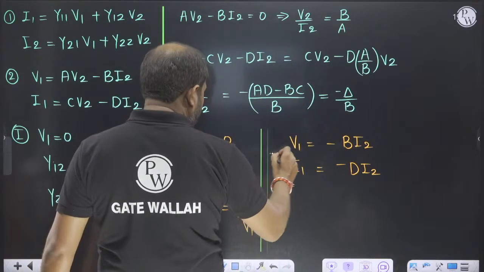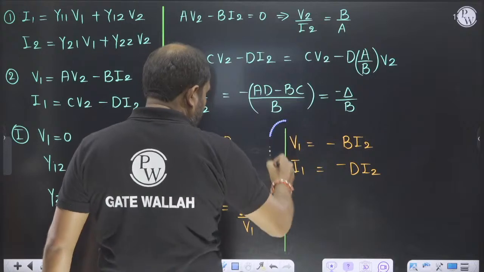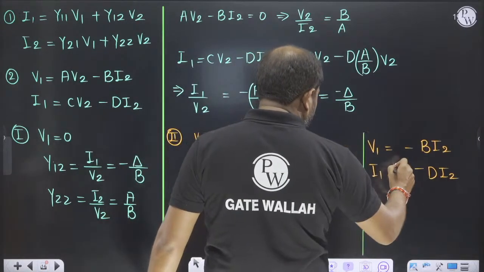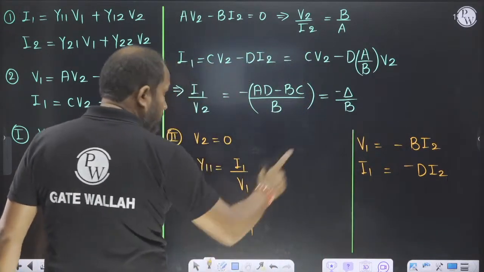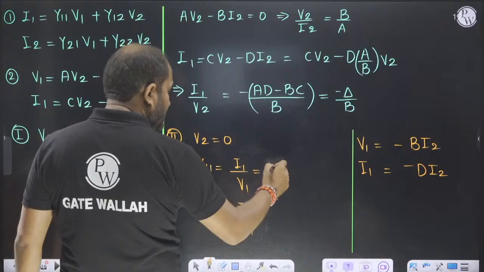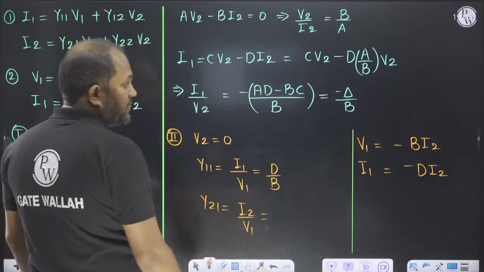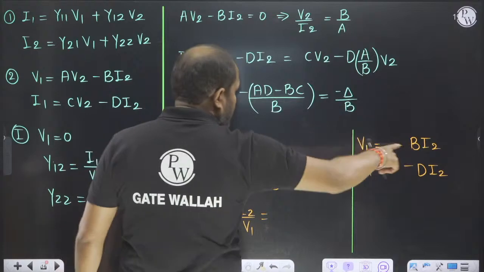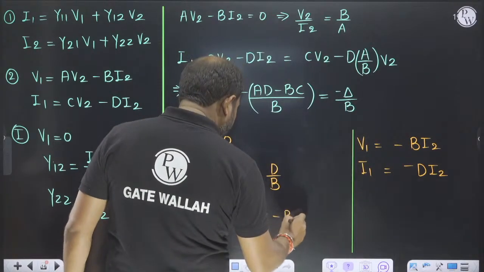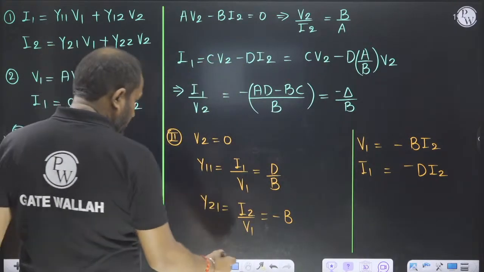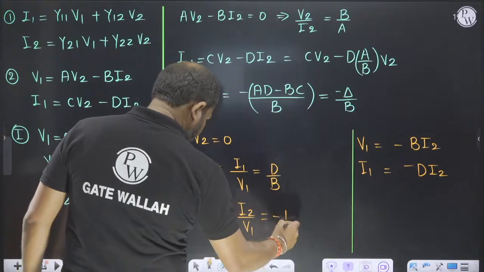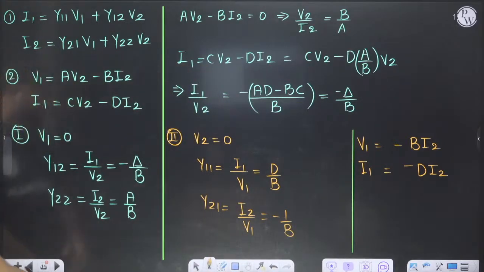Then I1 by V1 is equal to D by B, and I2 by V1 is equal to minus 1 by B.